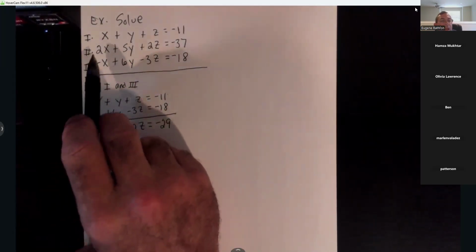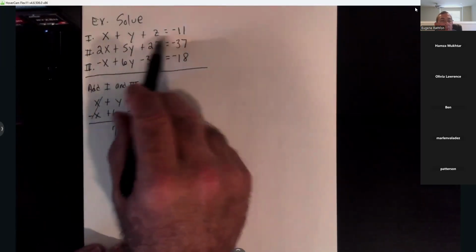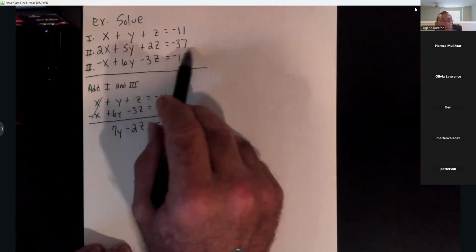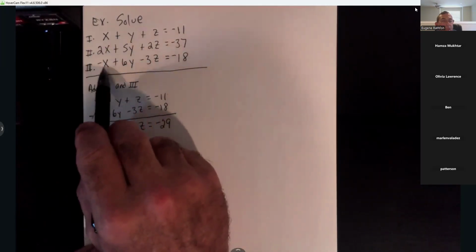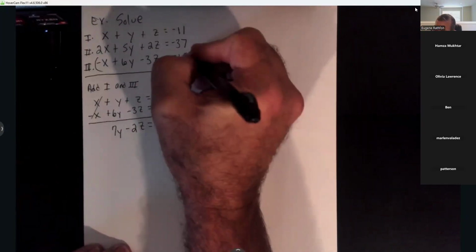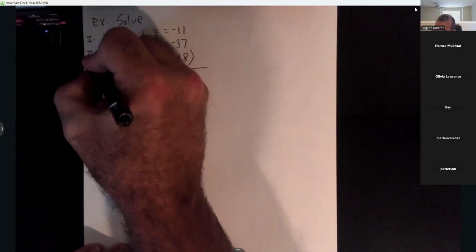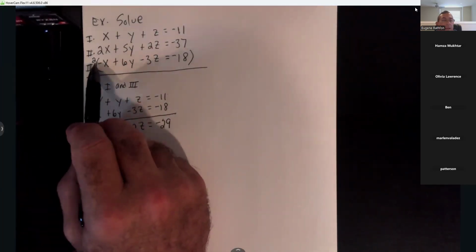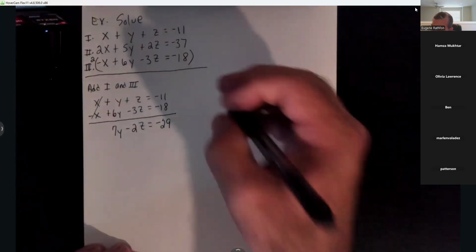So now I had to use the second row, remember? So since I'm using the second row, I said I was going to add it to the third row, but I needed to multiply my third row by a 2. That way I get a 2x here and a negative 2x here.